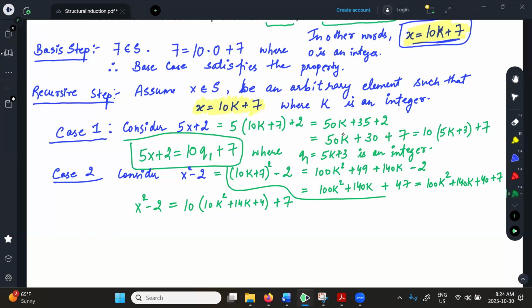Now this number looks huge, so it is an integer because k is an integer, so this number has to be an integer. I'm going to replace it with another integer, say q2, because I already used q1 above.